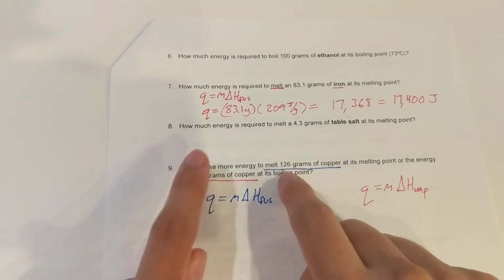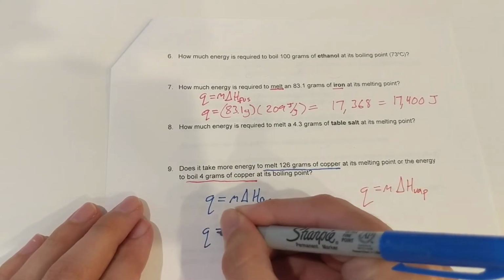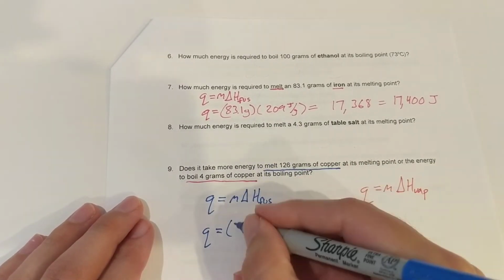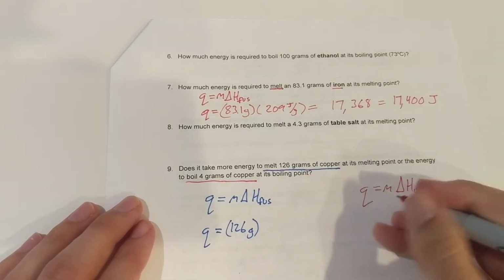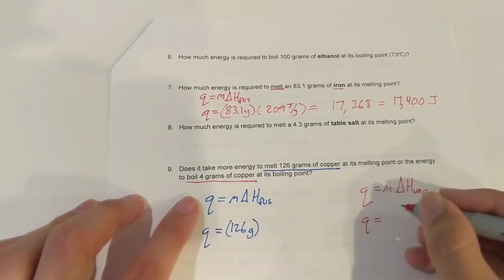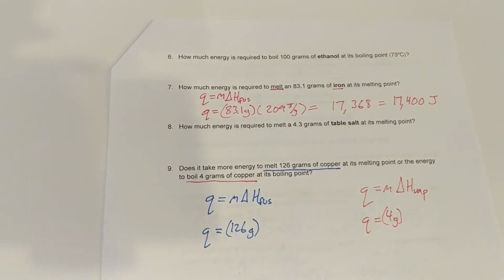So those are going to be the two equations that we use. This is melting. This one's boiling. Notice that our masses are both different here. So we've got to plug in our different masses. For this one, we have a mass of 126 grams. For our boiling question, we have a mass of just 4 grams. So we would be melting a lot more than what we're boiling here.